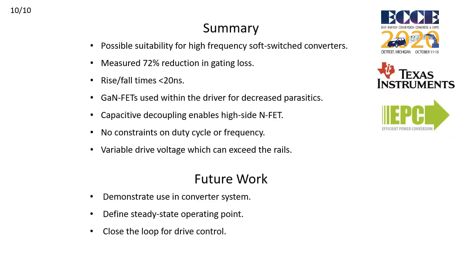So to conclude, operating at high frequencies of 10 to 20 MHz, the proposed gate driver achieves up to a 72% reduction in gating loss when compared with conventional hard-charging gate drivers, while tolerating moderately increased rise and fall times up to 18 nanoseconds.